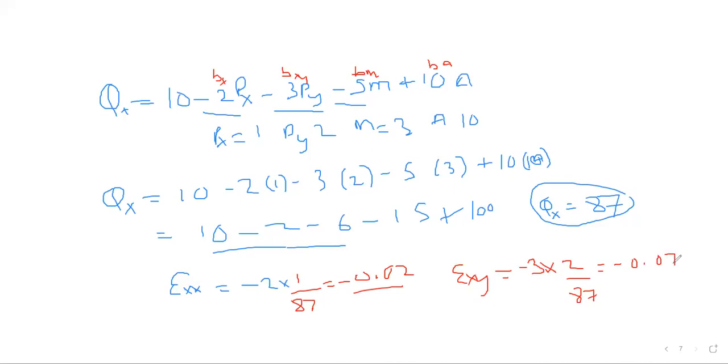So since the sign is negative, we simply say that these kinds of goods are called complementary goods. Are we together so far?